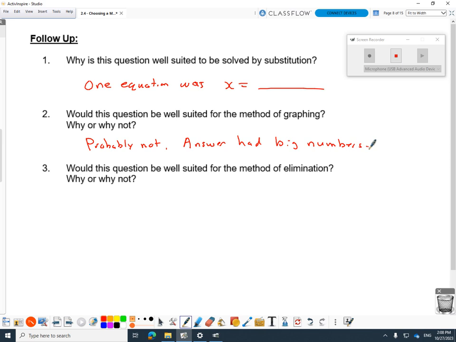Graphing wasn't good for big numbers, and it wasn't good for decimals and stuff like that. So it wasn't always a good choice. Would this be well suited for elimination? Yeah, elimination is like, yeah, whatever. I don't care. Crazy numbers, negatives, 2s, 7s, 11s, don't care. Maybe fractions. Maybe fractions is elimination's weakness. Okay, so if it's fractions, go to graphing.